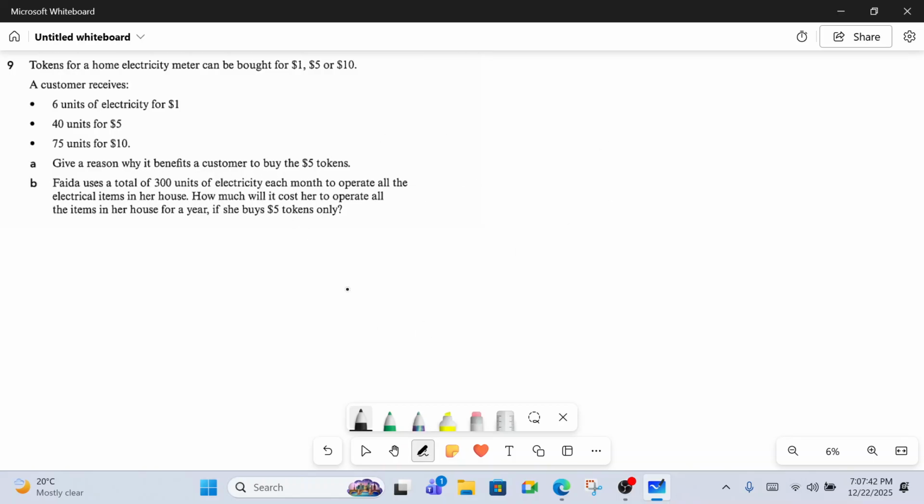Okay, so first of all, this is finding cost per unit. Sorry, the F doesn't look good. Okay.